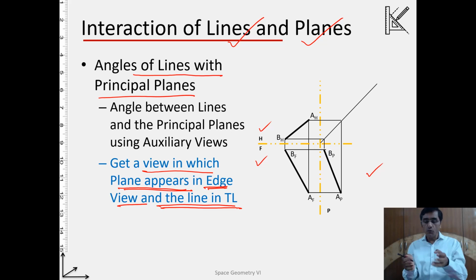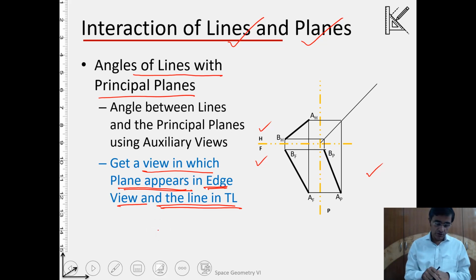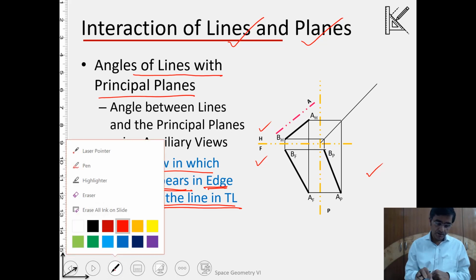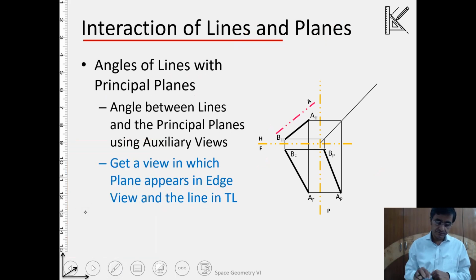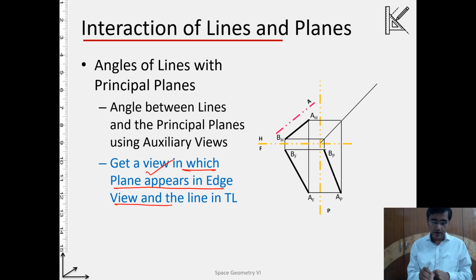So if somehow we can do it, we will be able to determine the angles also with respect to the three principal planes. So in order to do that, because the basic definition now is, we are getting a view in which the plane appears in edge view and the line in true length.